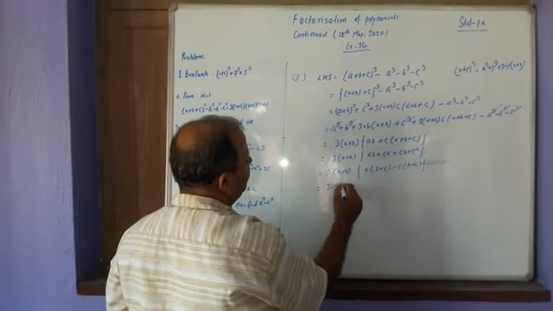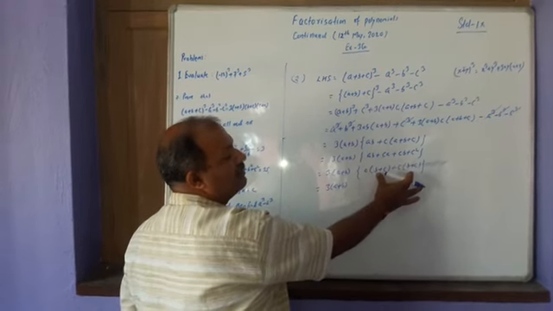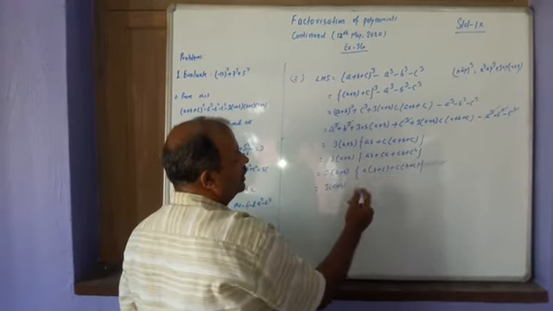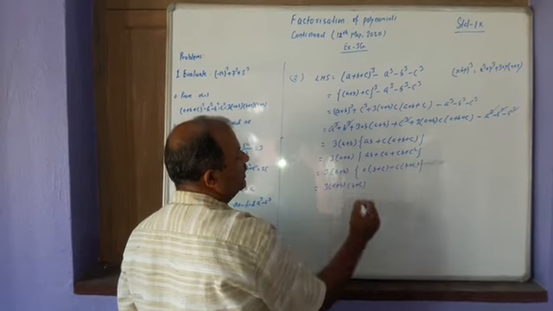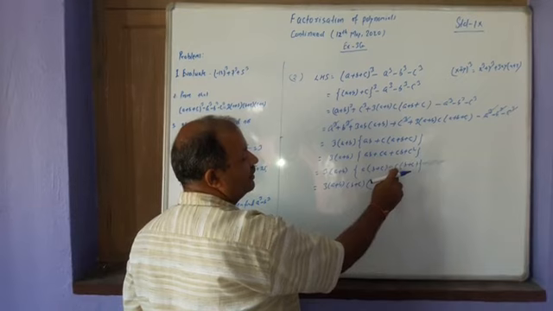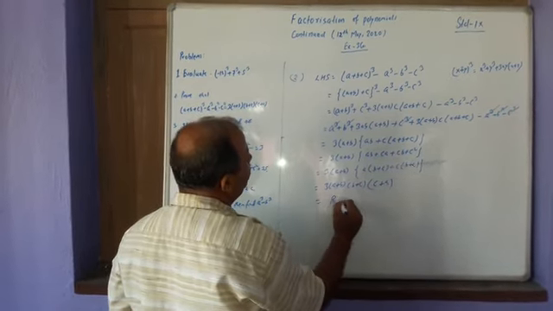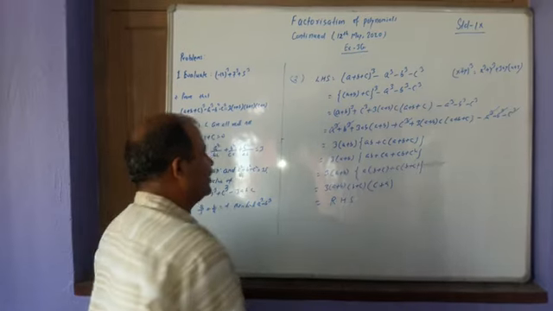Now 3 into a plus b. We find b plus c is common in both of these two terms. Therefore, b plus c will be taken as common and we are left with a plus c. We may write it c plus a also. And this will give the right hand side expression.